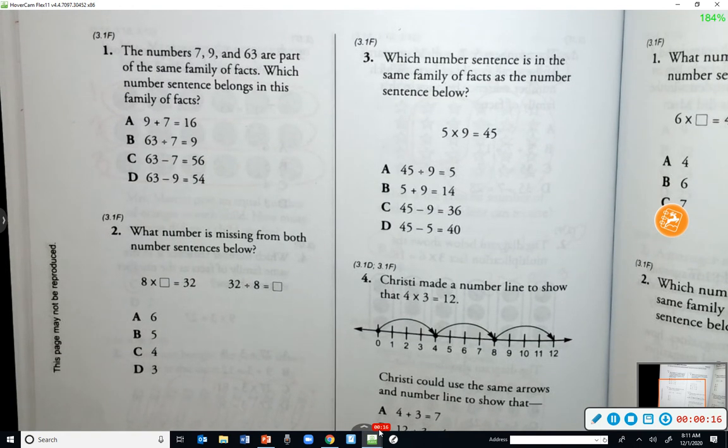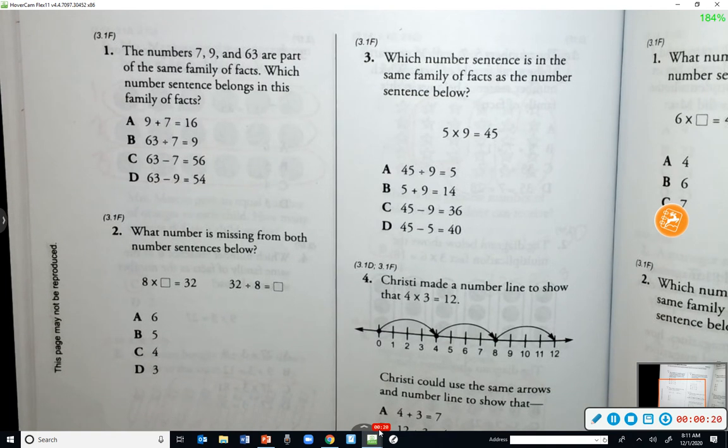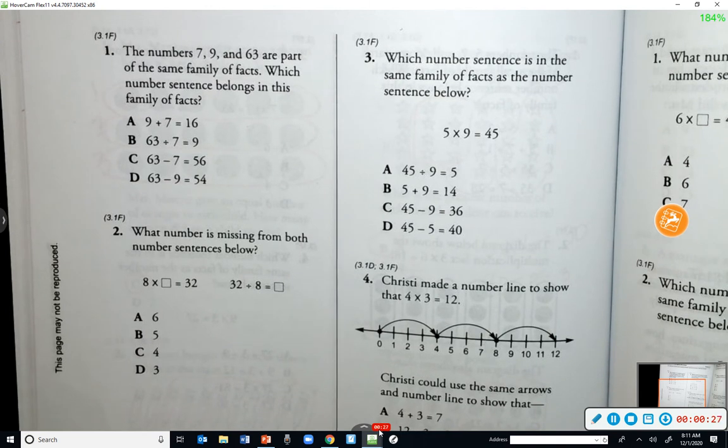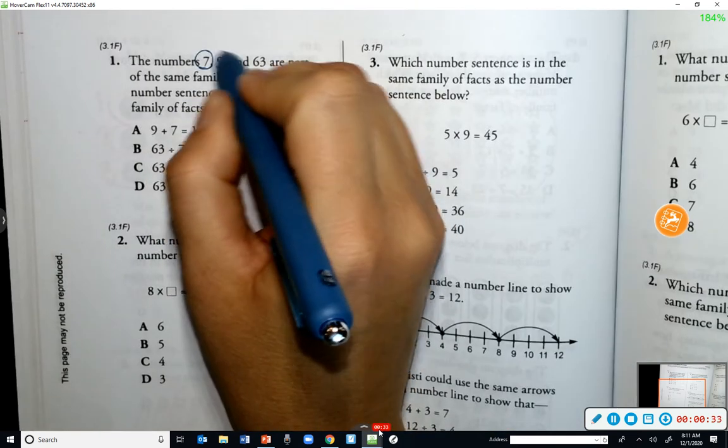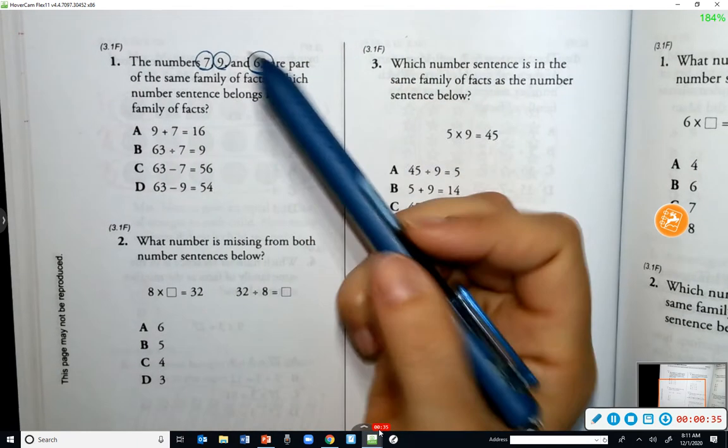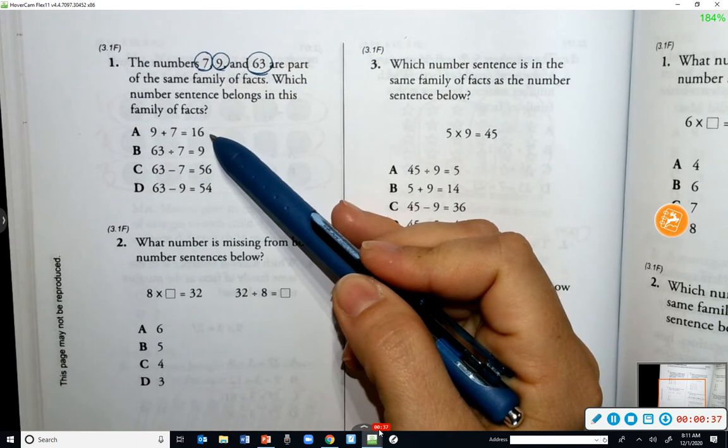Okay? Number 1. The numbers 7, 9, and 63 are part of the same family of facts. Which number sentence belongs in this family of facts? So we're using the numbers 7, 9, and 63. I look at my answer choices.